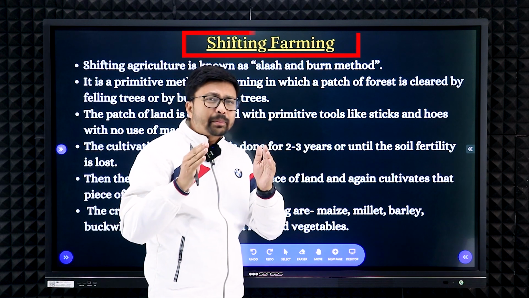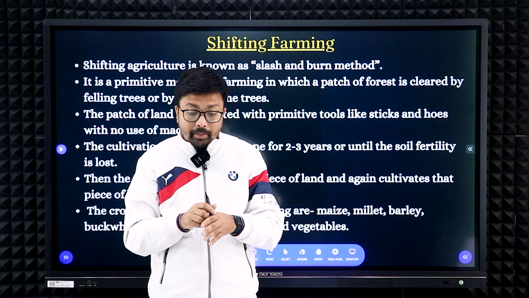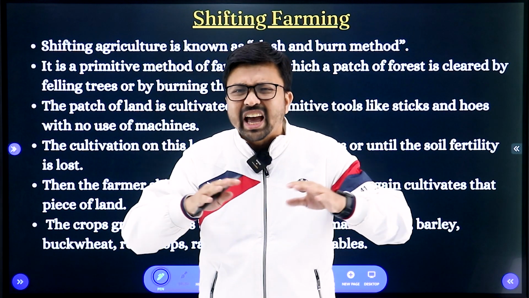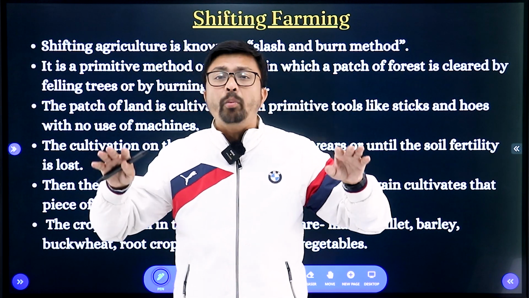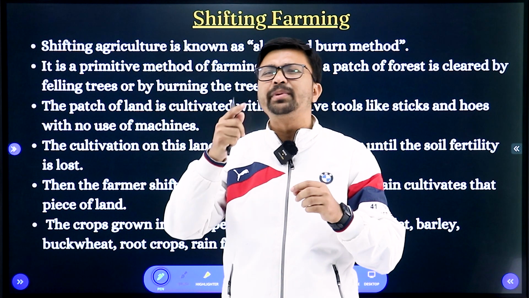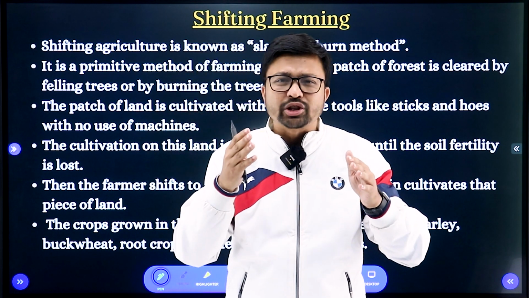First, shifting farming. I am making it very easy to understand how those different types of farming developed. Just think about the beginning, when the population was less and the available land was more. At the beginning, people were living their life by hunting or gathering, right?